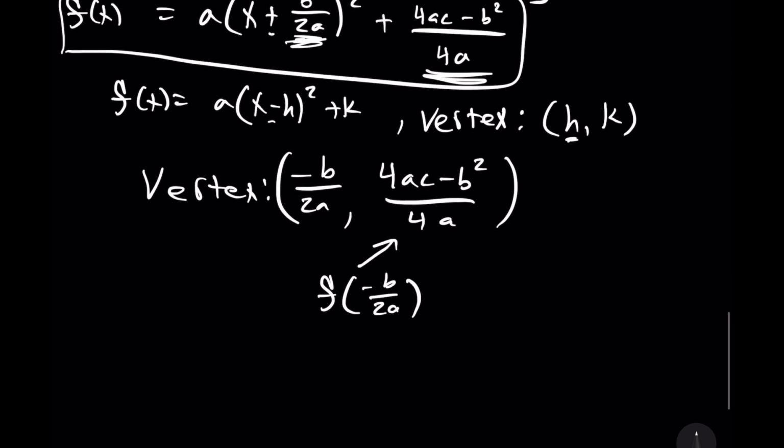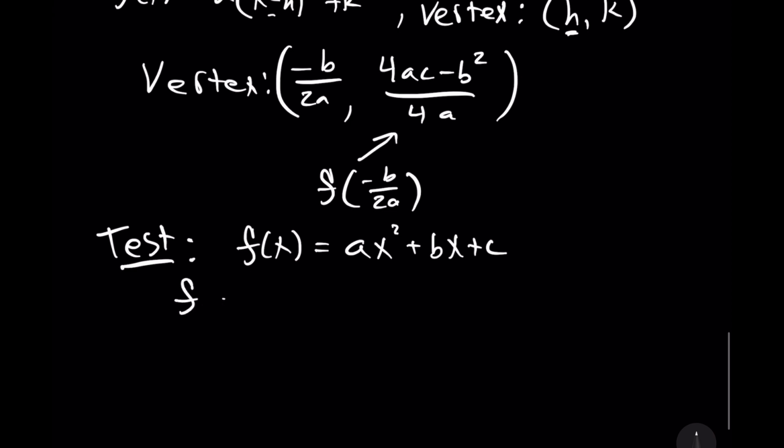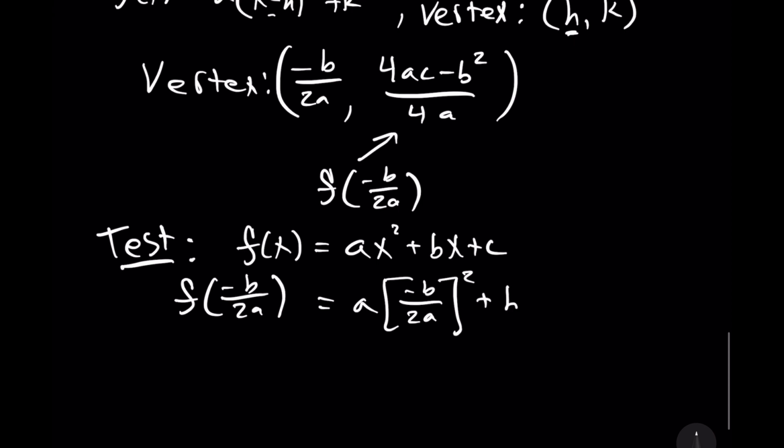And we can check that, by the way. Let's do that. So let's just test this. So we have f of x is equal to ax squared plus bx plus c. So what's f of negative b over 2a? So we have a times negative b over 2a, that quantity squared, plus b times negative b over 2a, plus our c.